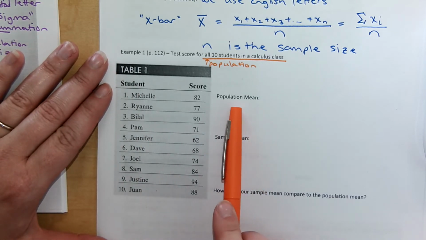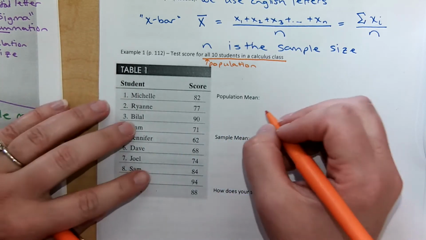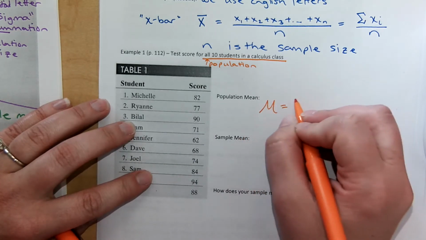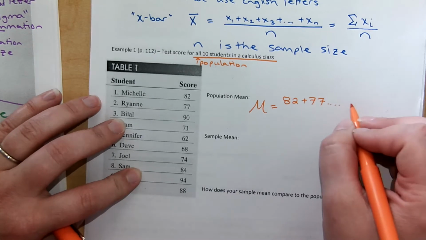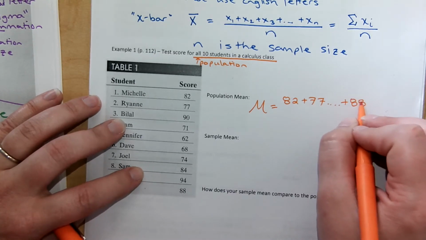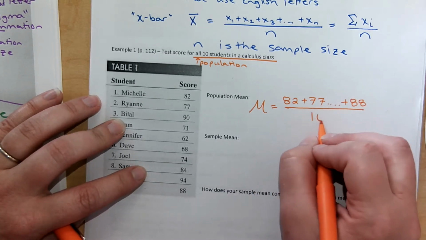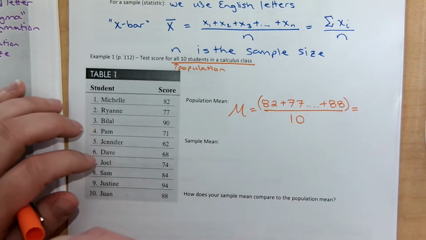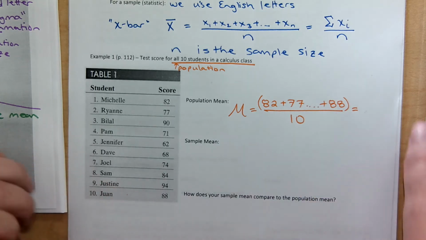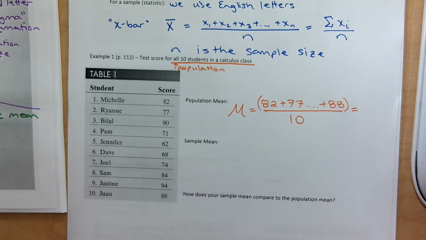So the first thing I want you to do is get the population mean. So I want you to add up all the scores, 82, 77, add them all up, and divide by the total, which would be 10. So add them all up first, get that sum, then divide by 10. I'll give you a minute to do that.